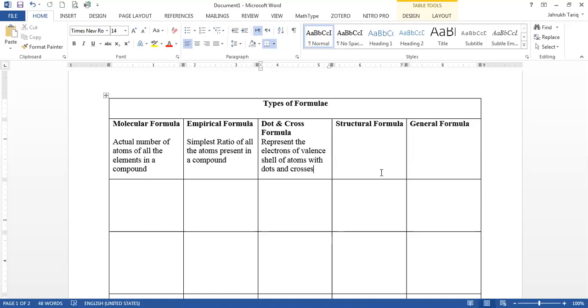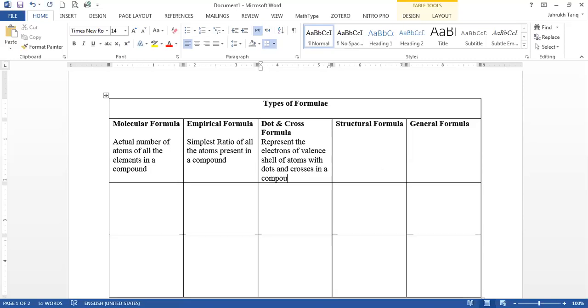So what we are supposed to say is that it represents the atoms as well as all the bonds in the specific compound, in a compound. Okay? So general formula, what would that represent?